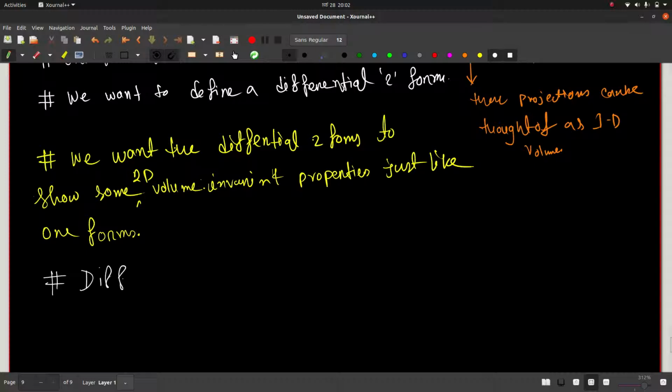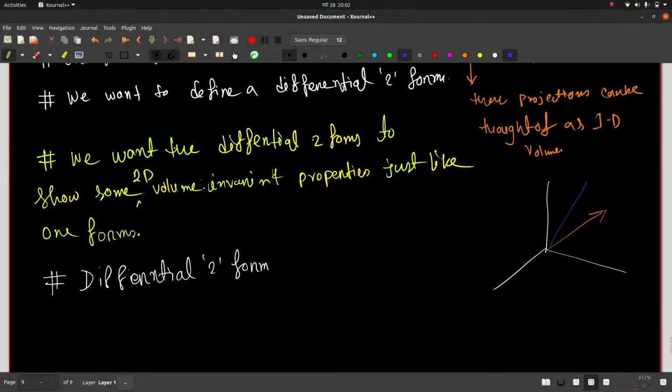So this is a differential 2 form. Let's say you have a vector like this and another vector like this, and obviously these vectors will span a parallelepiped like this, and let's say this is your x, this is your y, this is your z, and if you want to find out the projection of this area along the xy plane, you can do that with a differential 2 form, because here you not only have to find out the projection onto the x-axis and y-axis, you also have to multiply them in the Euclidean geometric sense.